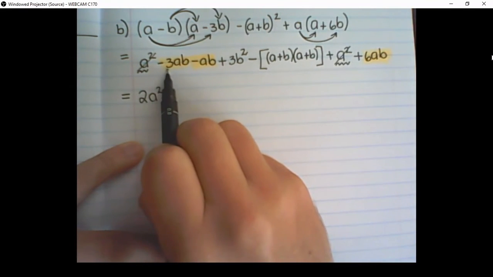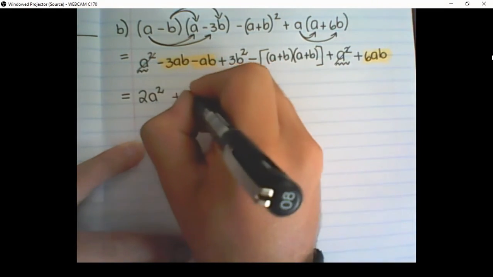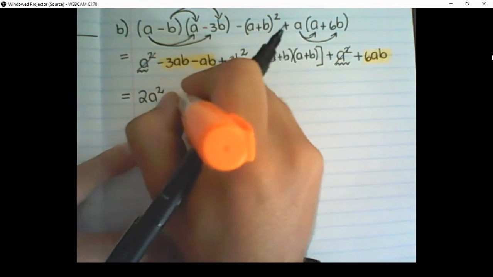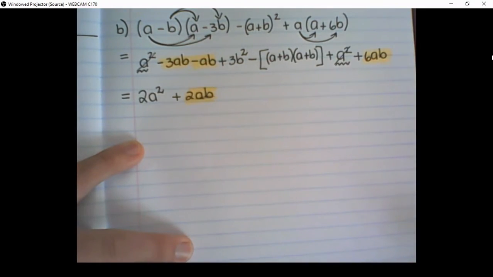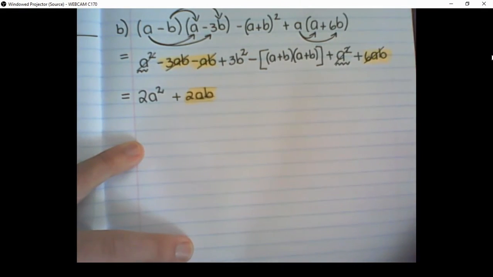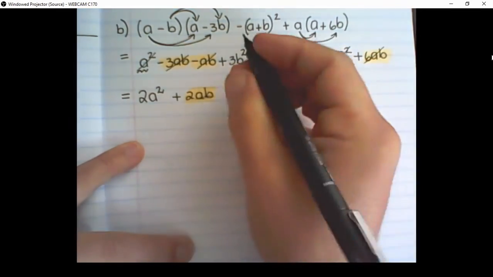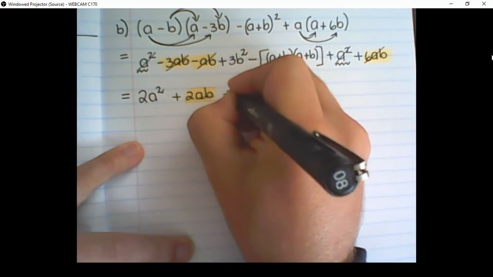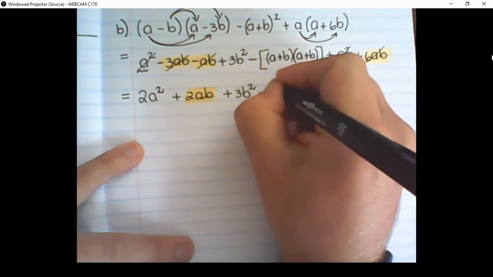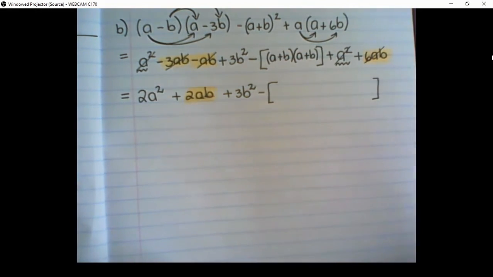So negative 3 minus 1 is negative 4 plus 6. So it will be plus 2ab. If I add up all of the like terms which I highlighted. So I am now done with the ABs. The next term is plus 3b squared. There's not another b squared, so it's simply plus 3b squared. And what I'm left with is subtracting the brackets which I still need to multiply out.